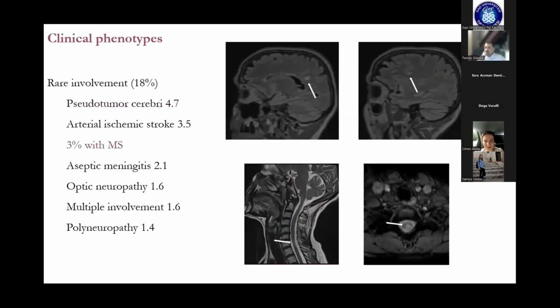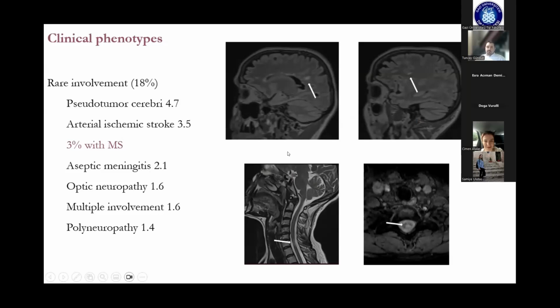Okay, this group is an important and interesting group. Patients have both Behçet's disease and also MS. They have systemic Behçet's disease findings, also typical MS lesions and MS findings, also positive oligoclonal bands in their CSF.